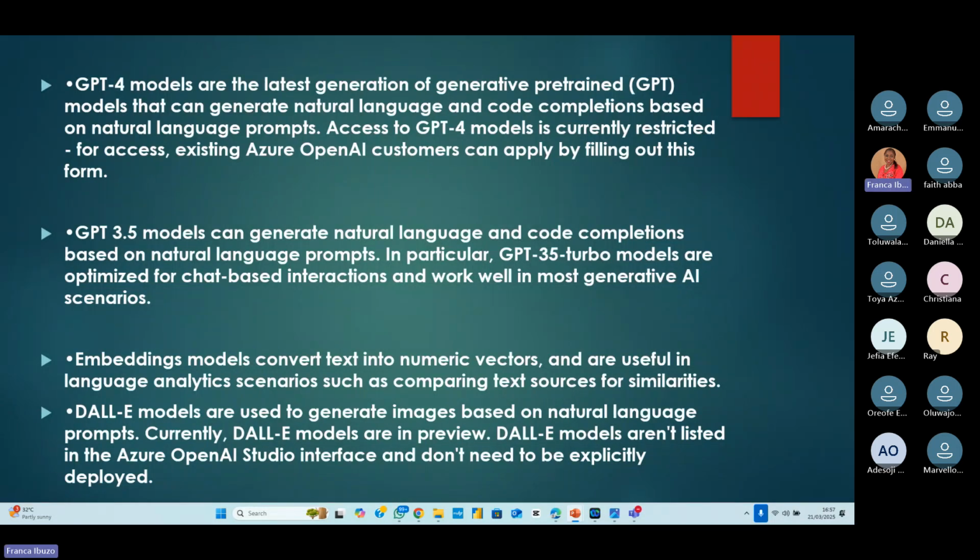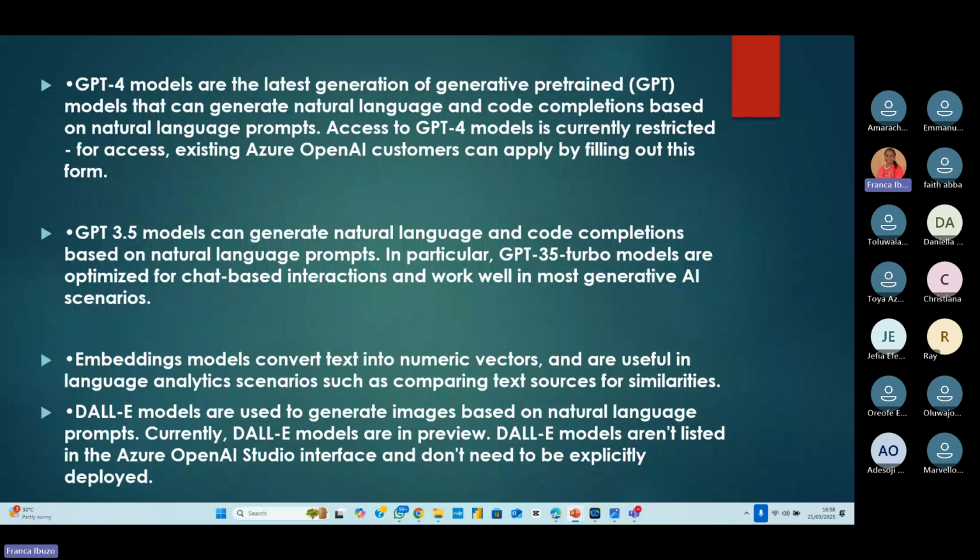In particular, GPT-3.5 Turbo models are optimized for chat-based interactions and work well in most generative AI scenarios. The embeddings models convert text into numeric vectors, as I mentioned before, and are useful in language analytics scenarios, such as comparing text sources for similarities.